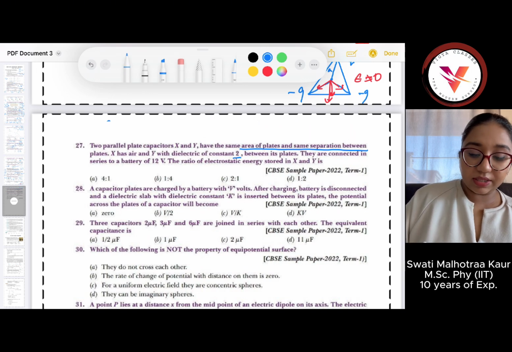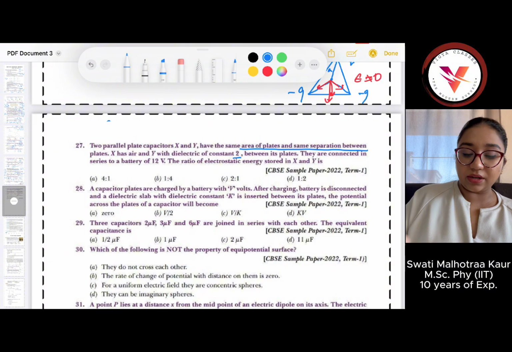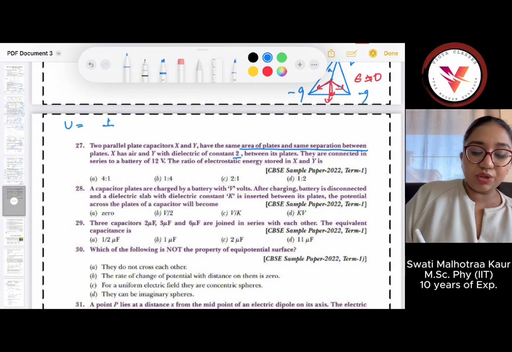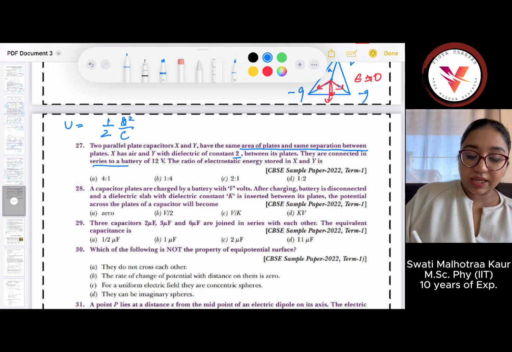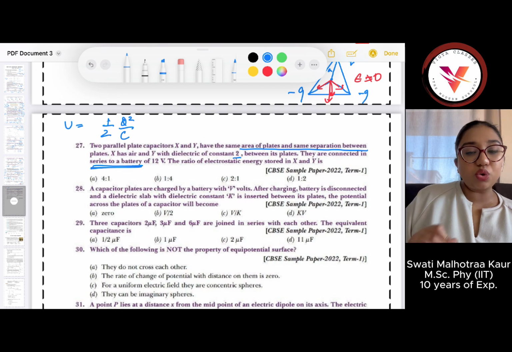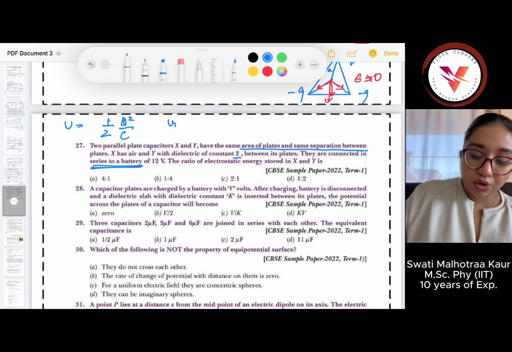What they have asked is basically the ratio of the electrostatic energy. So for the energy, you can use the formula half Q square by C. Because they are connected in series, Q will be the same. So all you have to do is calculate the ratio for X and Y.